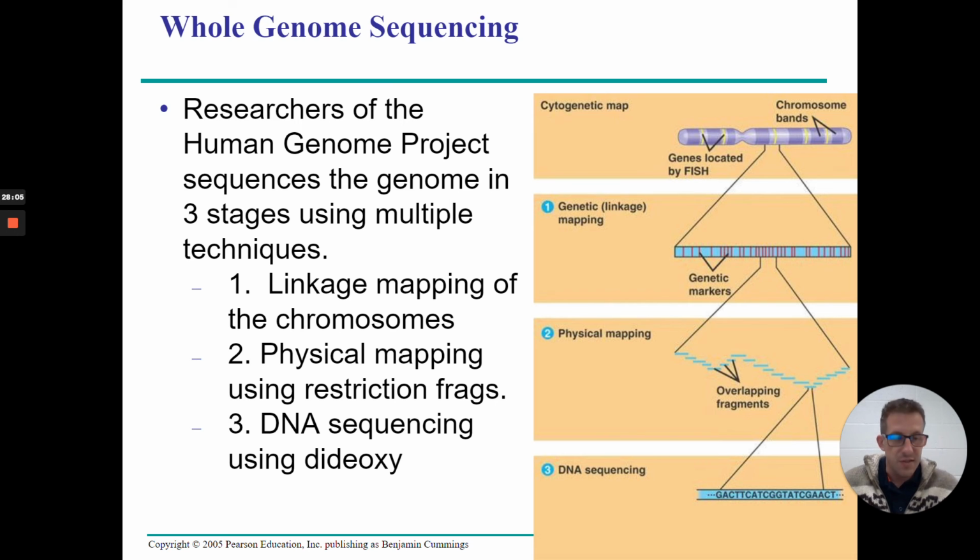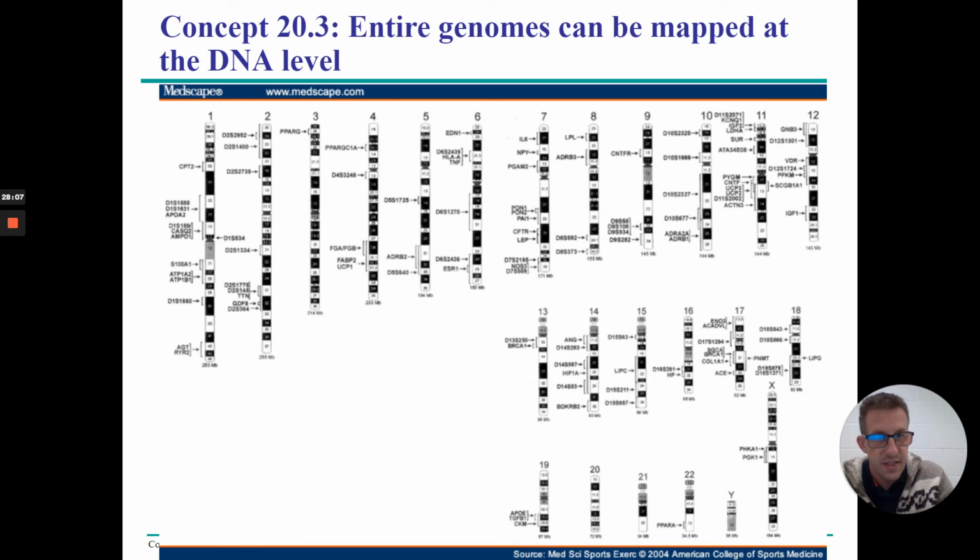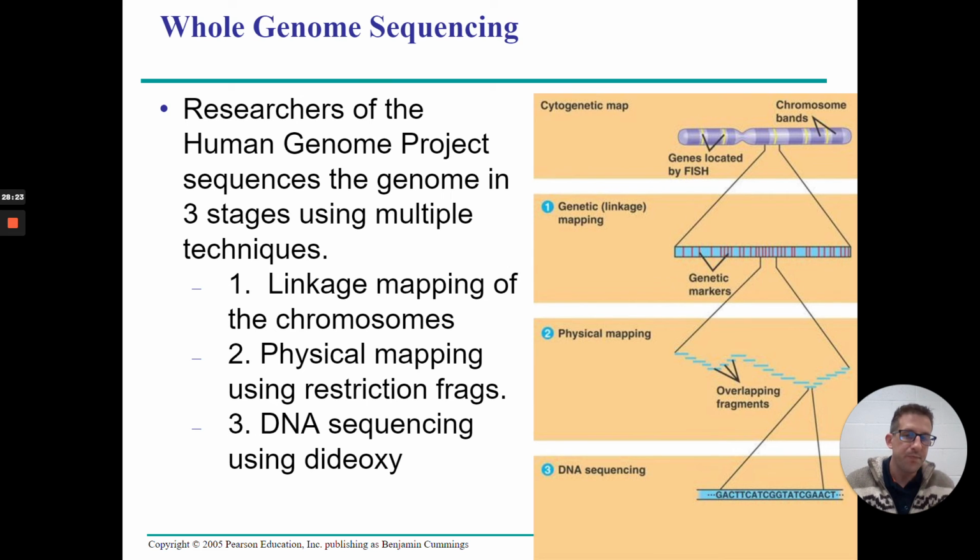But yes, the human genome has been sequenced. This is kind of a map of a lot of the pertinent alleles, but genes that can be found on human chromosomes, and it provides some information about what you would see in terms of gene mapping. The Human Genome Project spent lots of time trying to figure this out and put it together so we have a better understanding of exactly where our genes are located, what they do, and how they might interact with other genes in our actual genome.